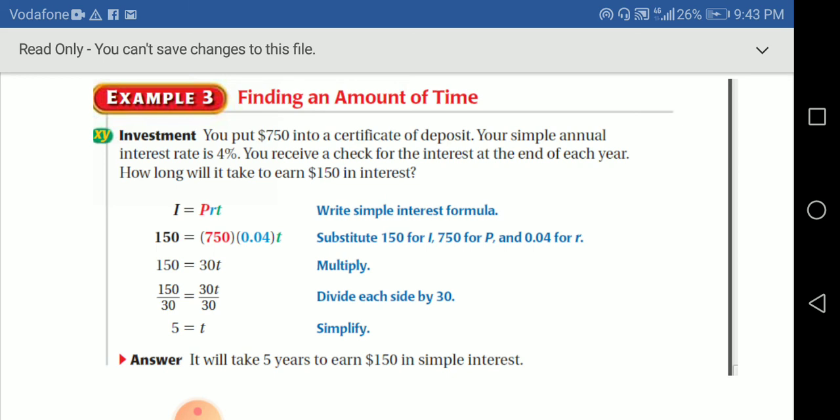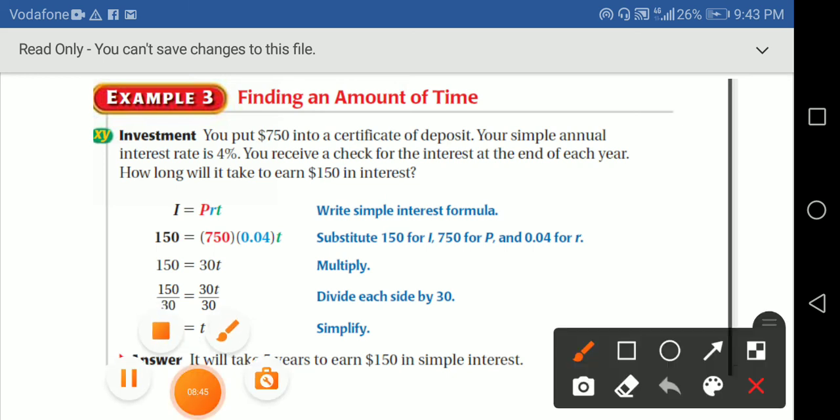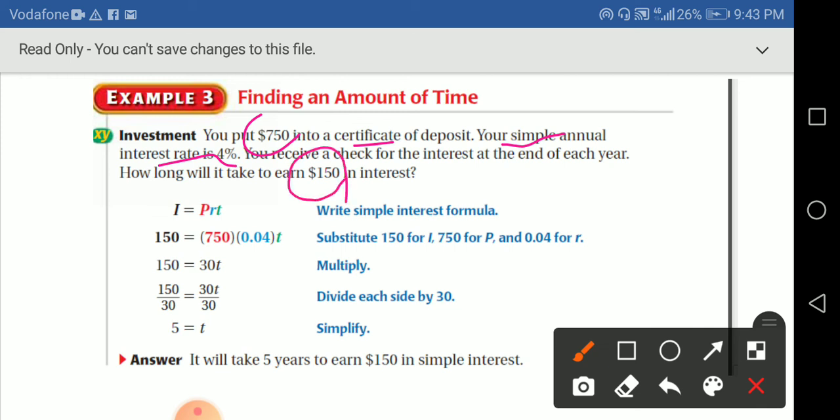So now I'm going to have another example to find the amount of time. Okay, you put $750 in a certificate of deposit, and he gives you the simple annual rate, which is 4%. So he gives me the rate. You receive a check for the interest at the end of each year. How long will it take to earn 150 in interest?